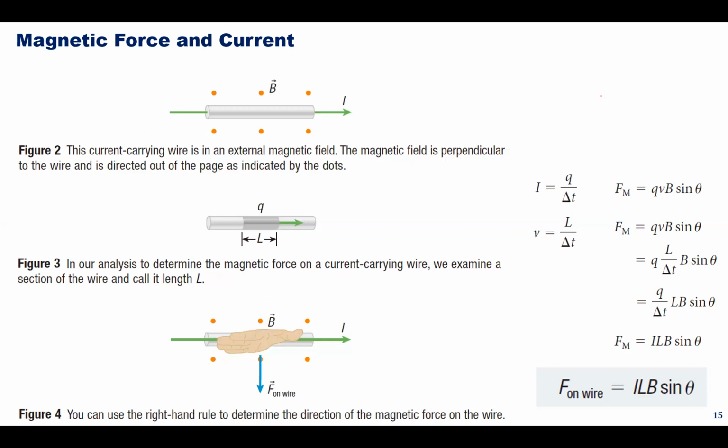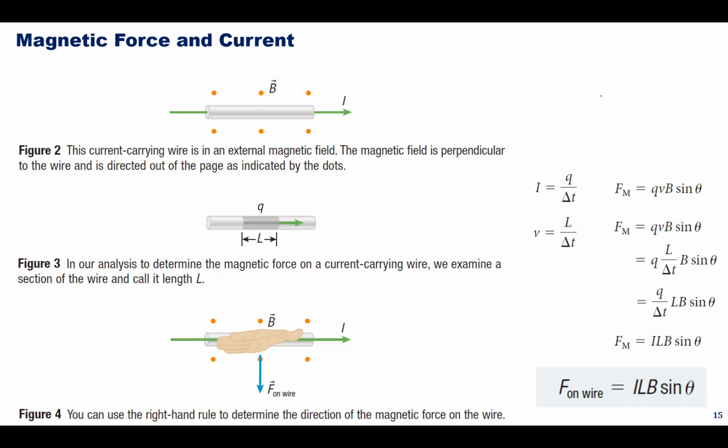And we also know the speed of the charge is just V equals L over delta T. So substituting the speed V in the magnetic force equation gives us Fm equals QVB sine theta, which is QL over delta T times B sine theta, or Q over delta T times LB sine theta.